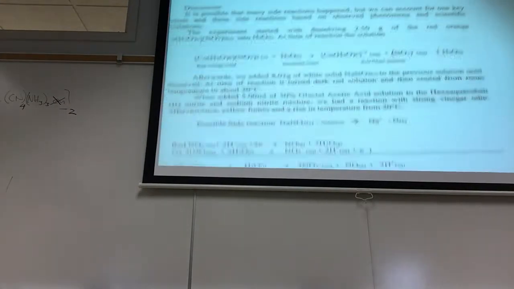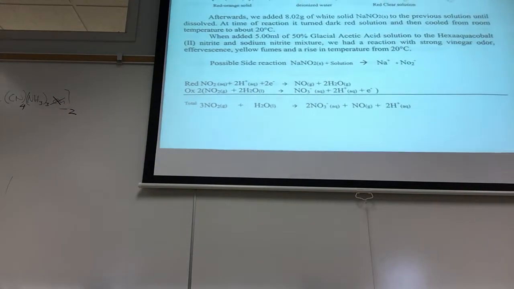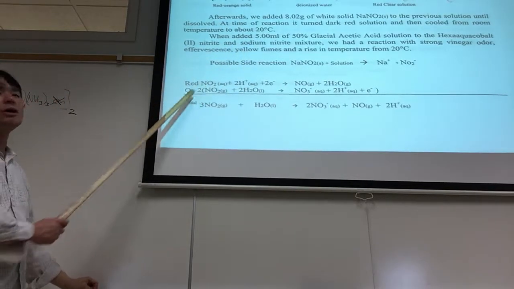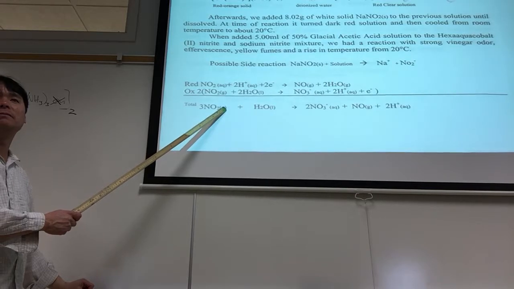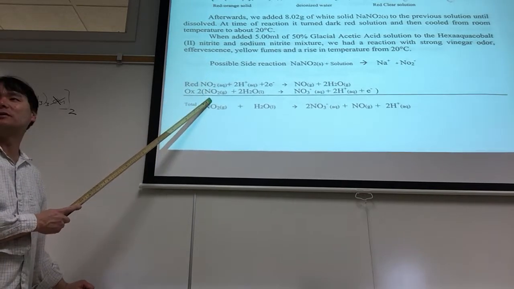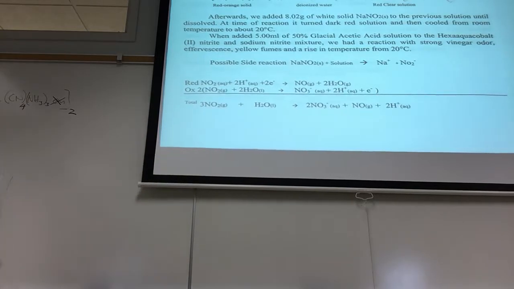And so basically you explain in words the reactions, and then you show it in equation form. I need to see both, right? Words and equations for this type of stuff.